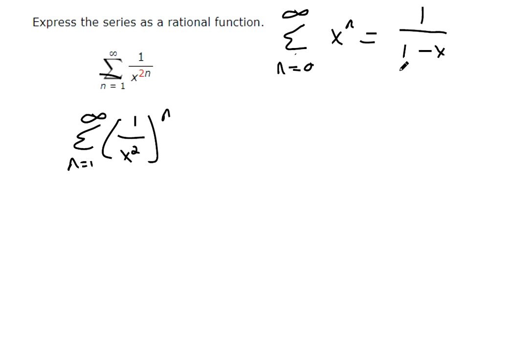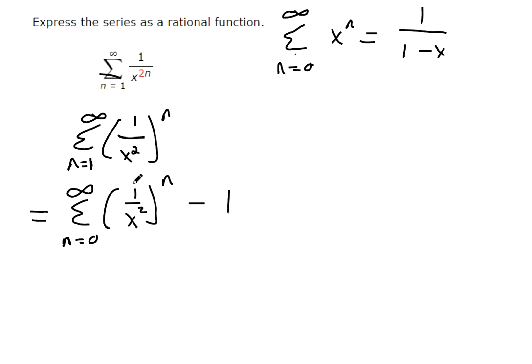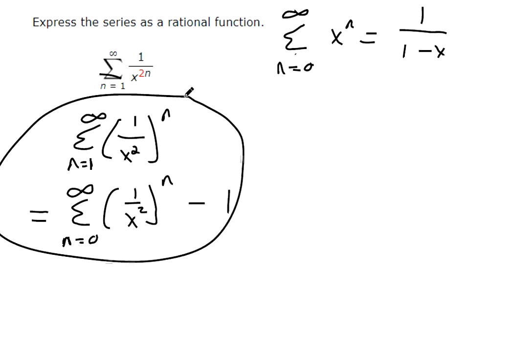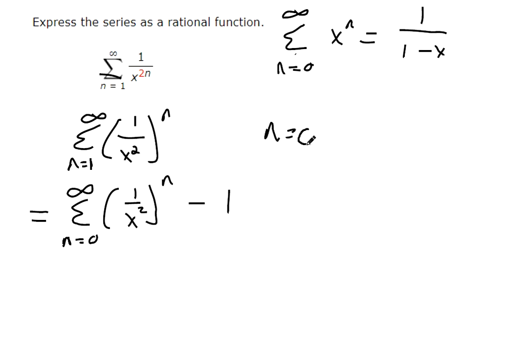And now we're almost ready to put it into the formula, except for that n equals 1 part. Let's see, what can we do? So that's equal to the sum from n equals 0 to infinity of 1 over x squared to the nth power, but now we need to subtract 1, because if these two are to be equivalent to each other, n equals 0, if we were to plug that in, that would make 1 for the sequence.